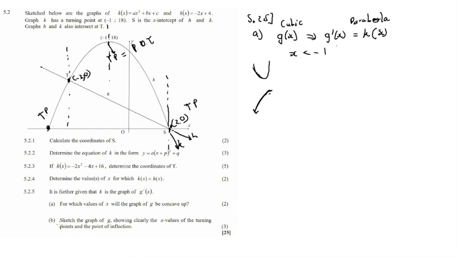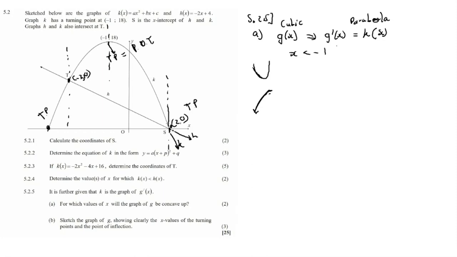And then B, the sketch of the graph of g, showing clearly the x values of the turning points and the point of inflection. So this turning point represents the point of inflection. The turning points are represented by the x-intercepts of this parabola.